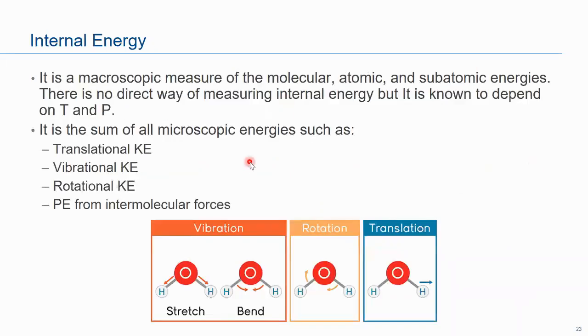Now, internal energy, it's a macroscopic measure of the molecular, atomic, and subatomic energies. Anong ibig sabihin nun? And bakit sinabi dito na macroscopic measure siya? Sinabi natin kanina na internal energy is a microscopic form of energy. So actually, yes, it's a microscopic form of energy because may kinalaman siya dun sa energy ng individual particles sa loob ng isang system.